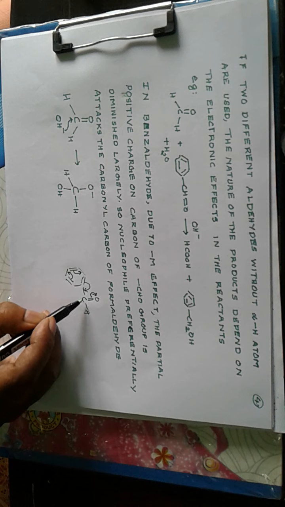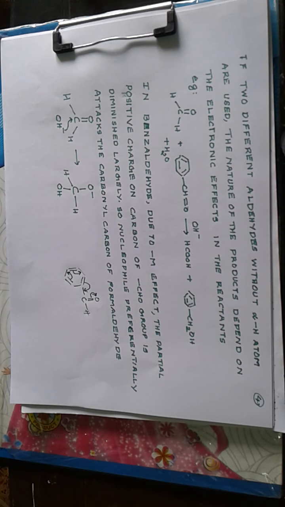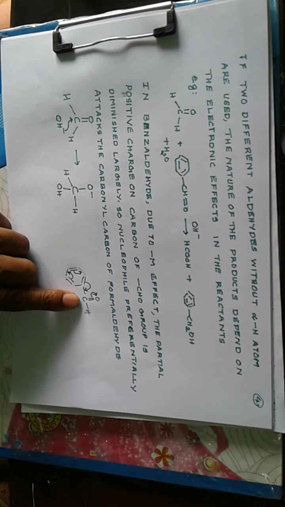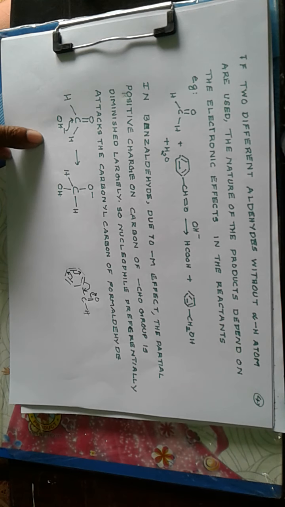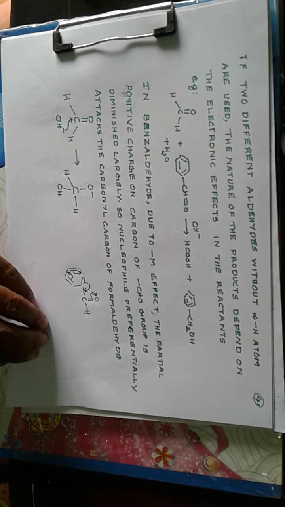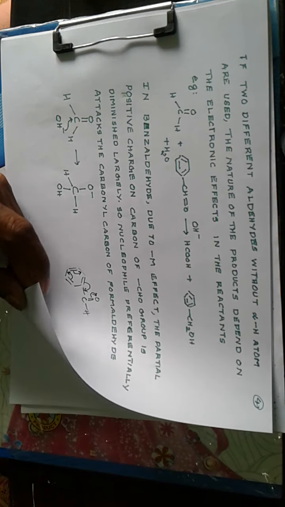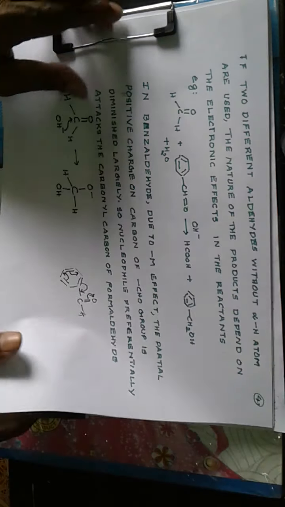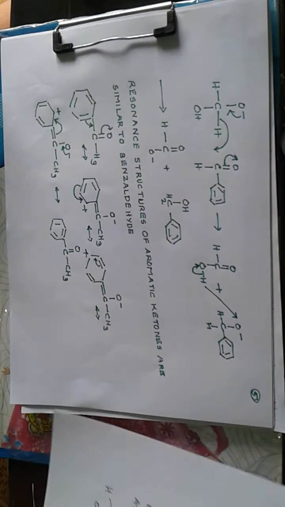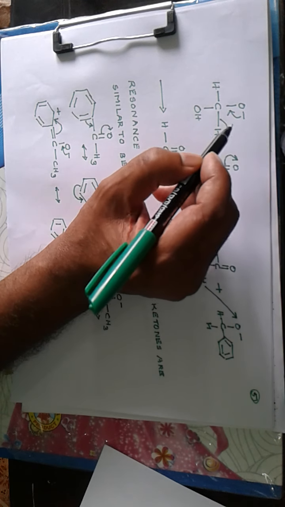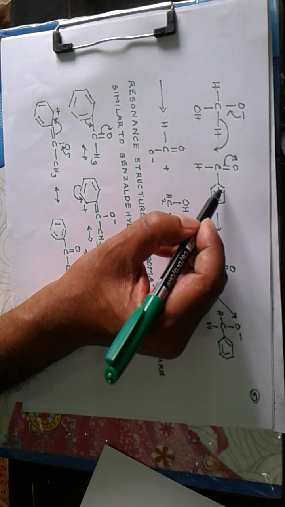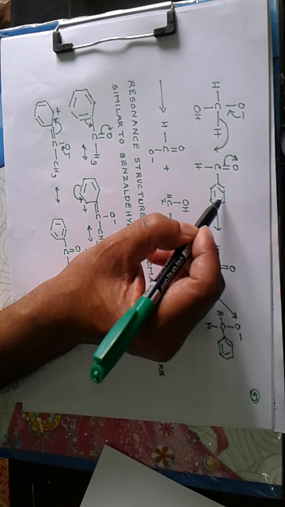So this carbonyl carbon is less positive, so nucleophilic attack is not so easy at this carbonyl carbon. It is easy at the carbonyl carbon of formaldehyde, so OH negative attacks that species. And then CO bond polarizes to give O negative.